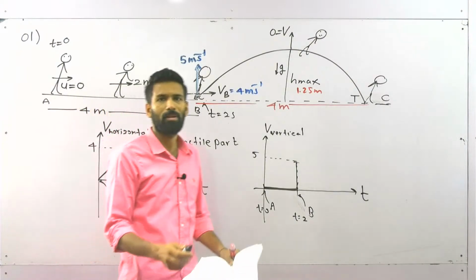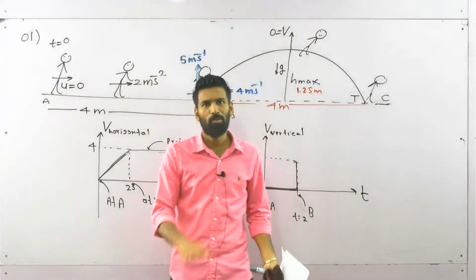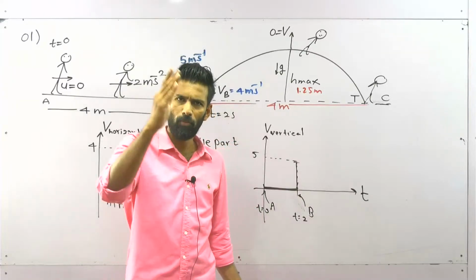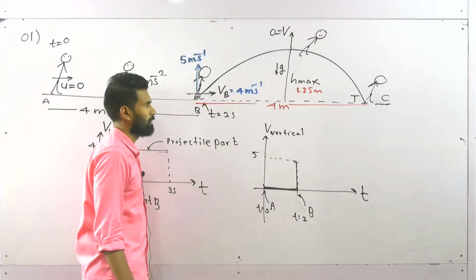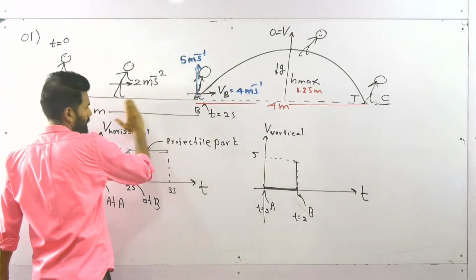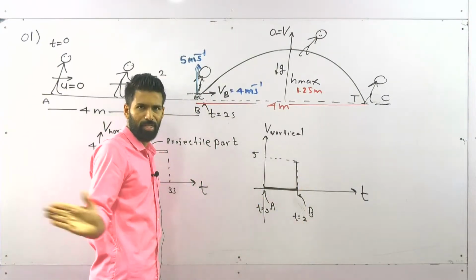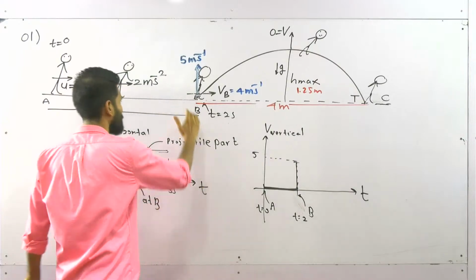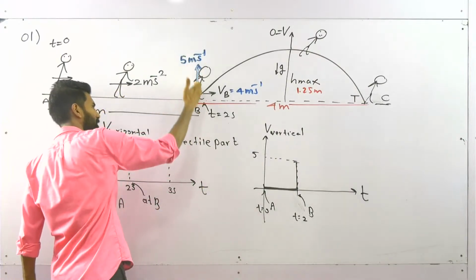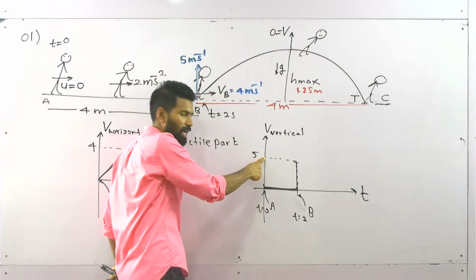After that, you have to draw the graph to indicate the velocity in a motion under gravity case. Initially, she doesn't have a vertical velocity until she finishes 2 seconds. She's in a horizontal motion. Then she starts to jump vertically. She gets a vertical velocity of 5 meters per second due to her jumping attempt.